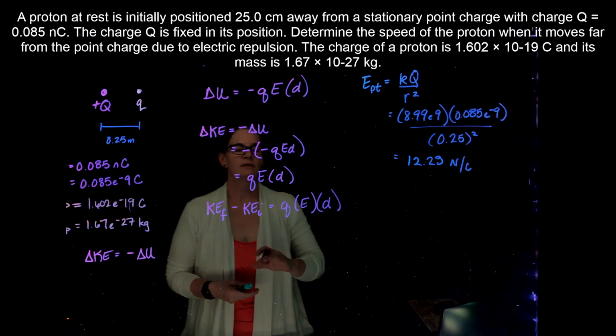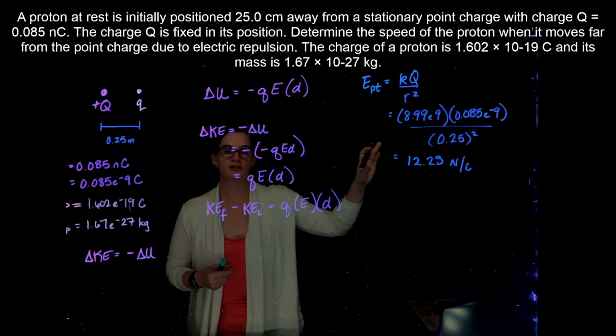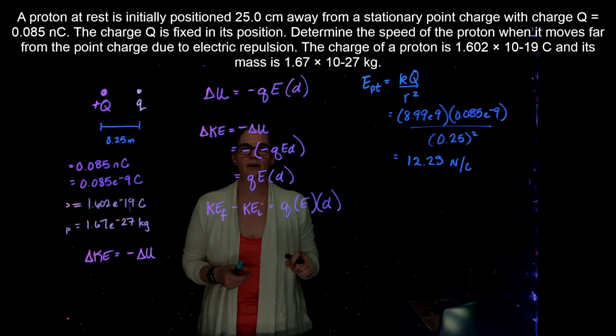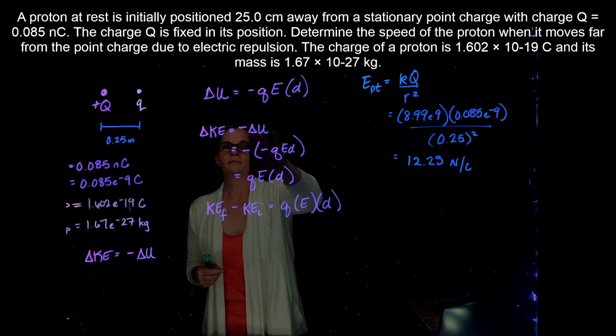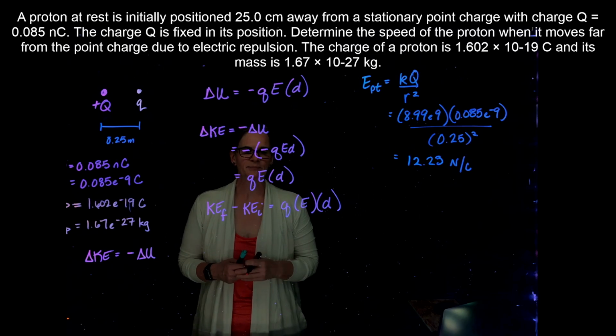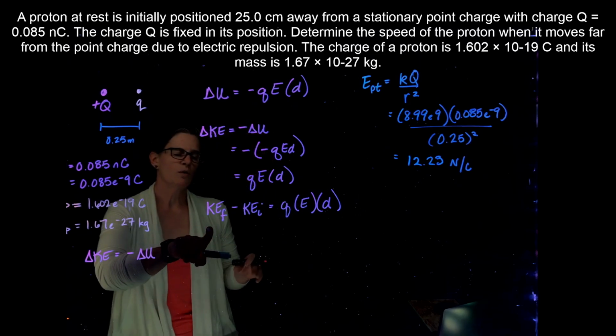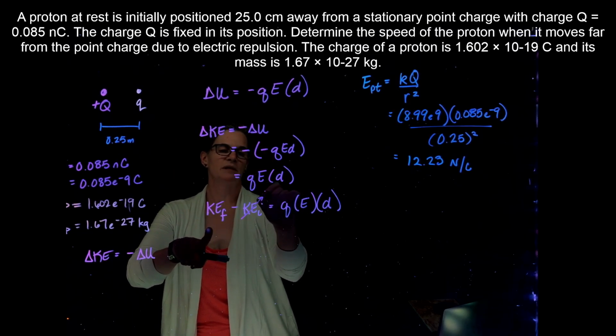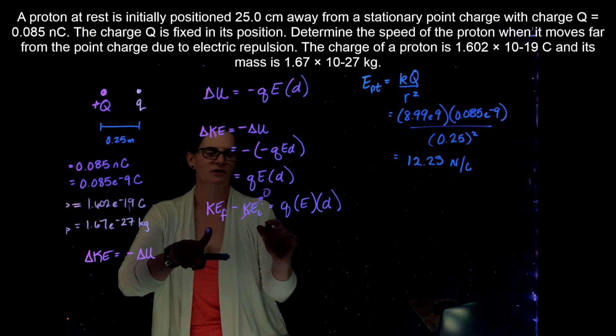Now our potential at infinity is 0, so we don't have to worry about the potential at infinity. Our initial kinetic energy we know is equal to 0 because the particle starts at rest.